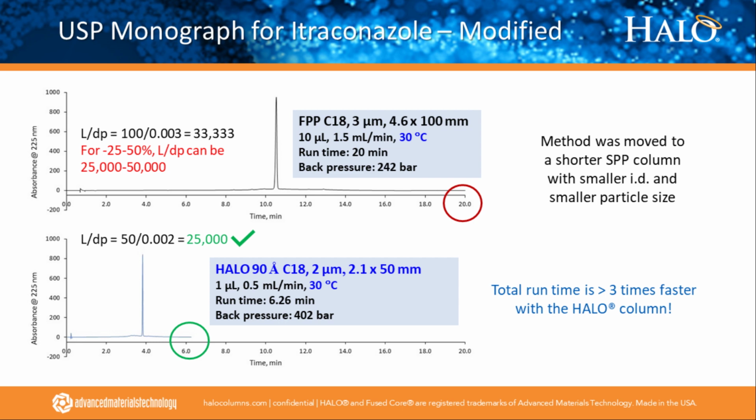We reduced the injection volume to 1 microliter, and we've scaled the gradient to 6.26 minutes for the overall runtime. You can see we're just at the 25,000 L to DP ratio cutoff, which meets the criteria for the original column. Our total runtime now is greater than 3 times faster with the Halo column.